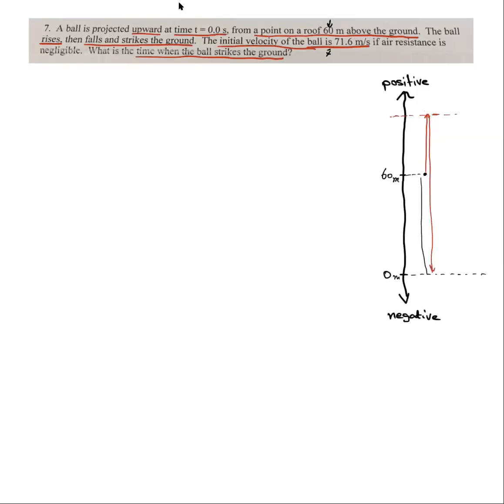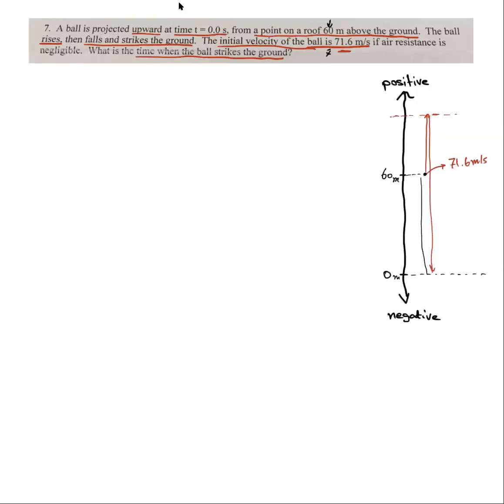We'll put down some of the information we still didn't put on the graph. So initial velocity, which is the velocity at this point right here. In the problem, it says that it will be 71.6 meters per second. So we'll put that down, 71.6 meters per second.